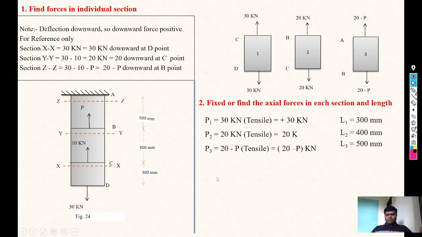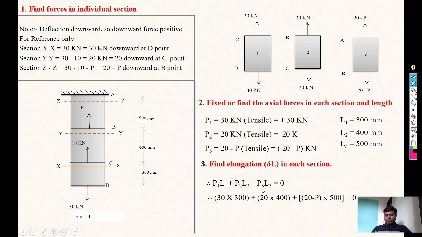L1, L2, L3 as per the section. We have considered CD as the first section, 300, BC the second section, 400, and AB the third section, 500. To find total elongation, P1 L1 plus P2 L2 plus P3 L3 equals 0.